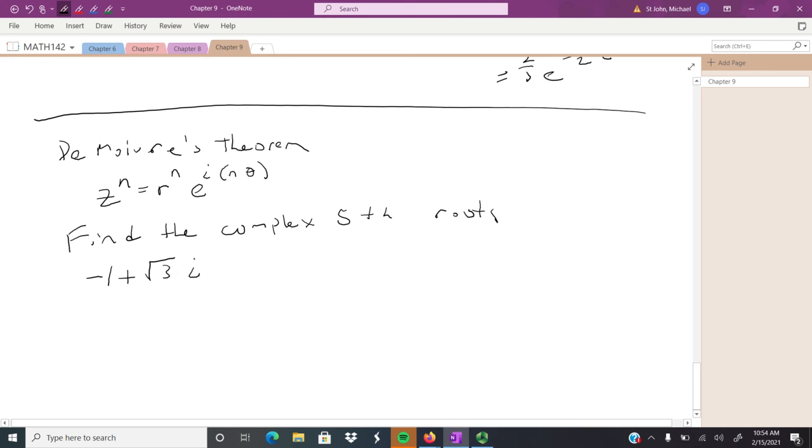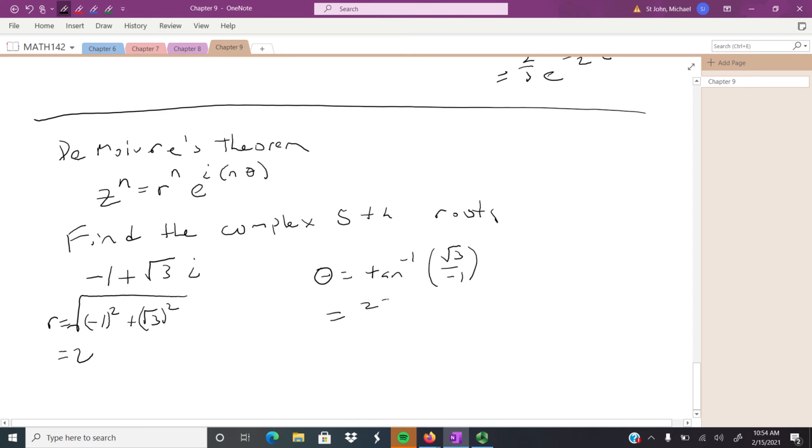Well, the first thing I need to do is change this into exponential form. So r is going to be the square root of negative 1 squared plus the square root of 3 squared. This will give me 2. And theta is going to be the inverse tangent of square root of 3 over negative 1, and I do that in radians.